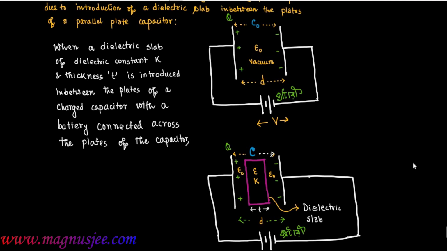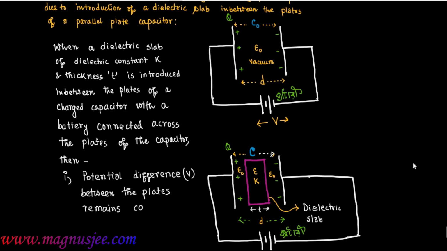That means when a dielectric slab is introduced in between the plates of a parallel plate capacitor with the battery connected across the plates, the potential difference V between the two plates remains constant, as the battery is not disconnected from the capacitor.